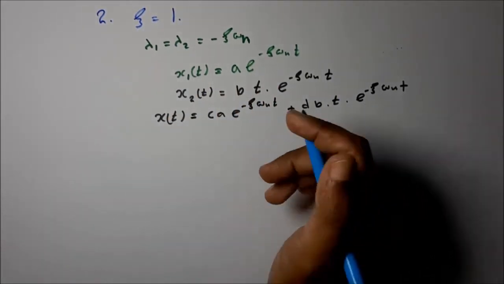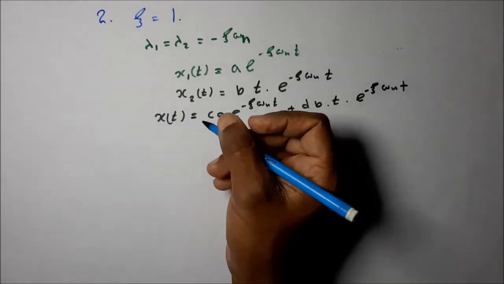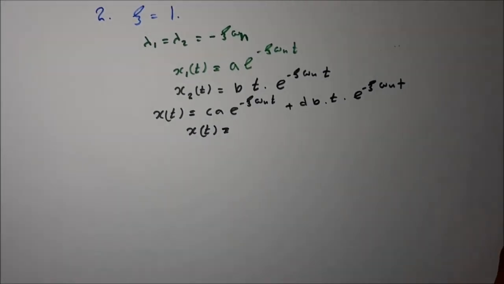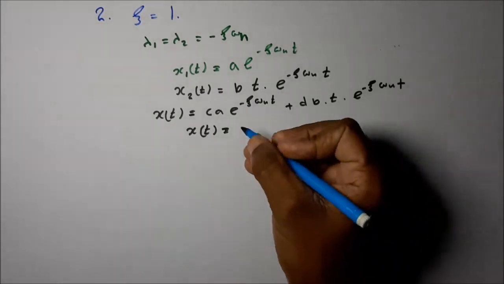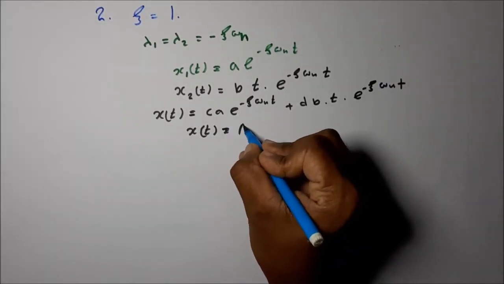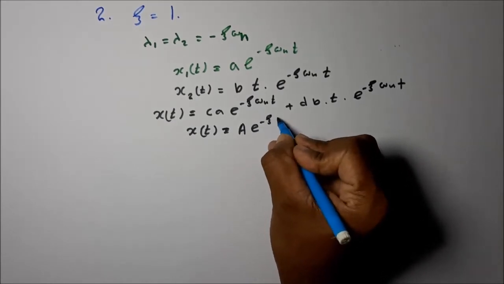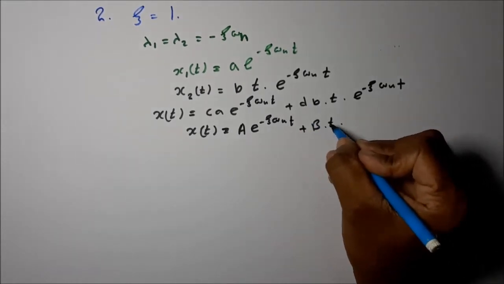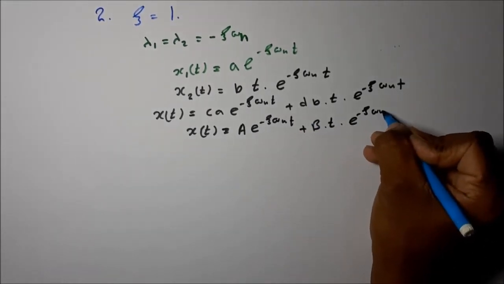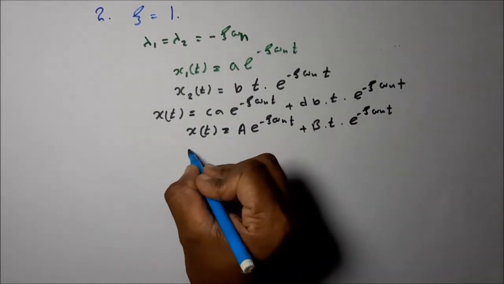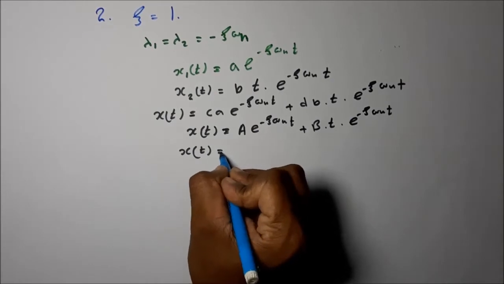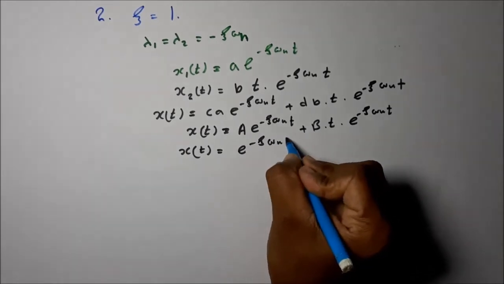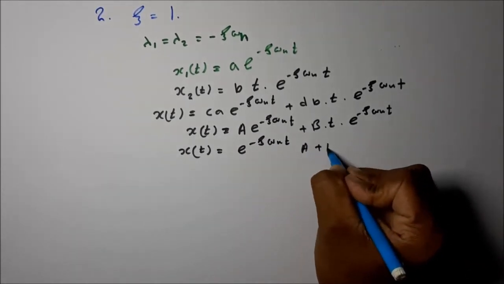Then we can further simplify: x(t) equals a e to the minus theta omega n t plus b t e to the minus theta omega n t, so x(t) equals e to the minus theta omega n t times (a plus b t).